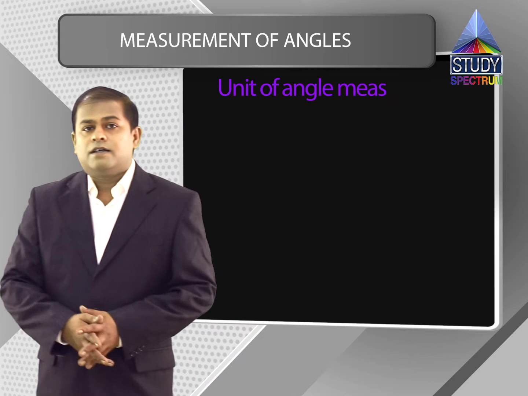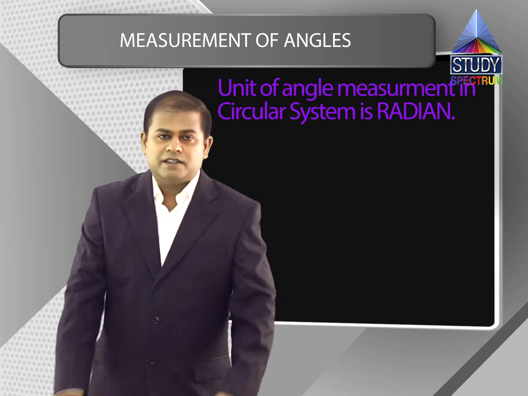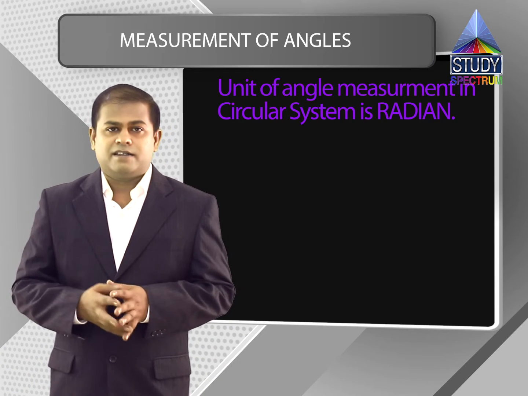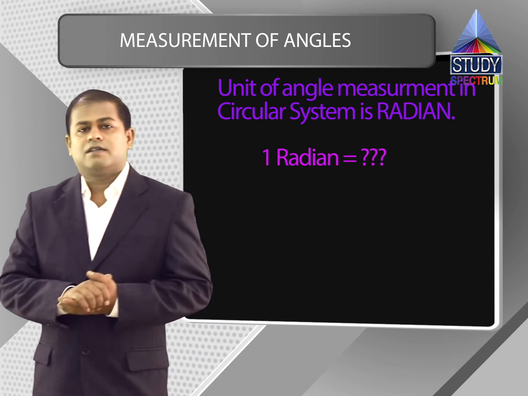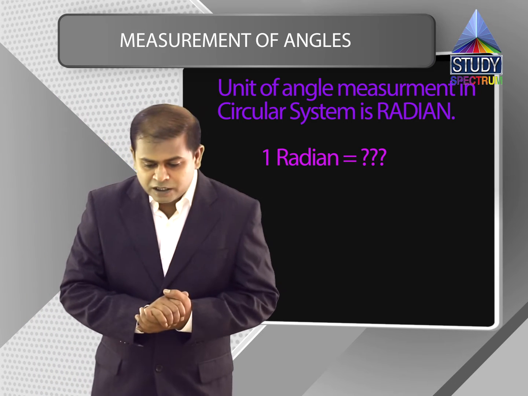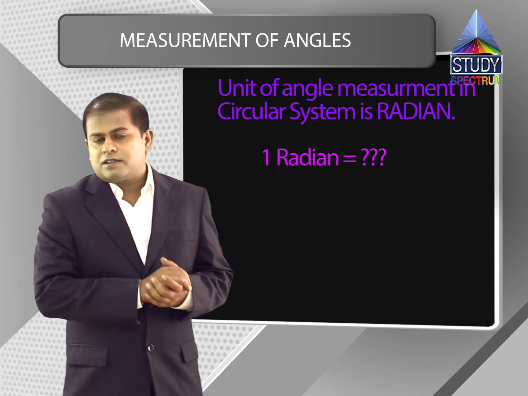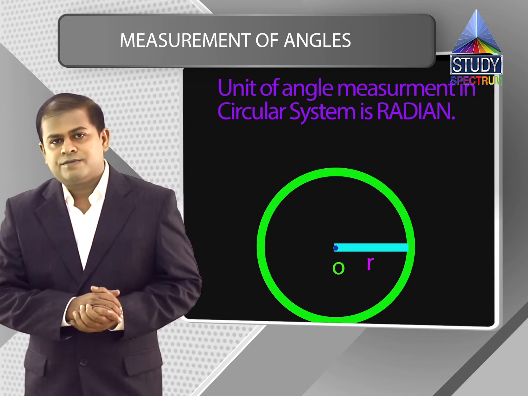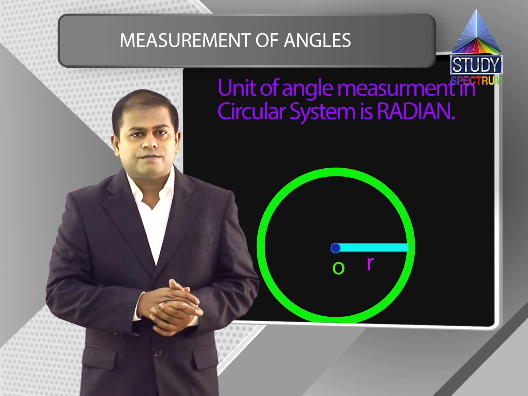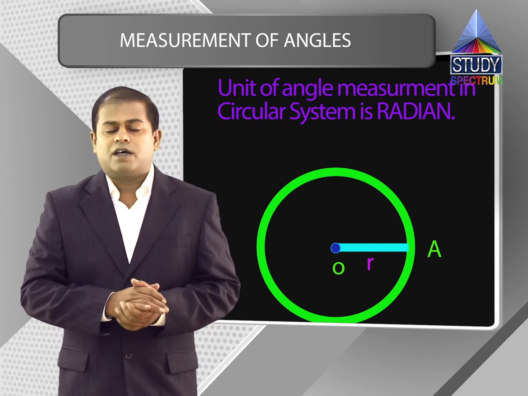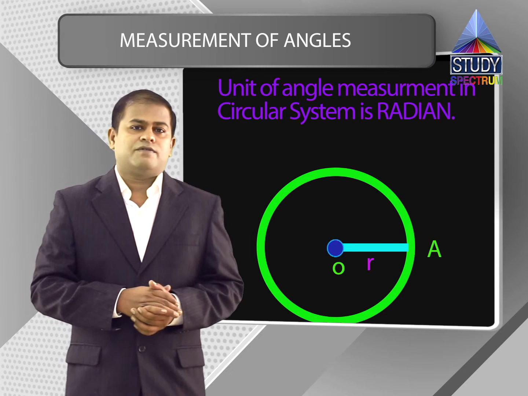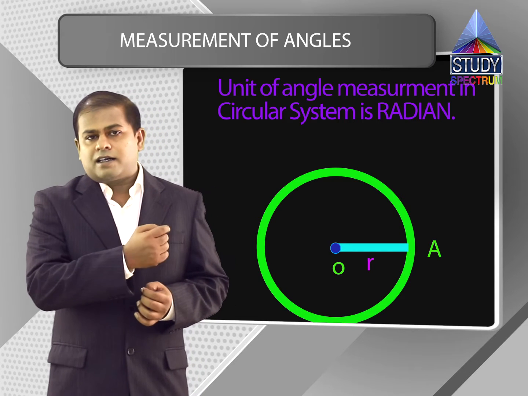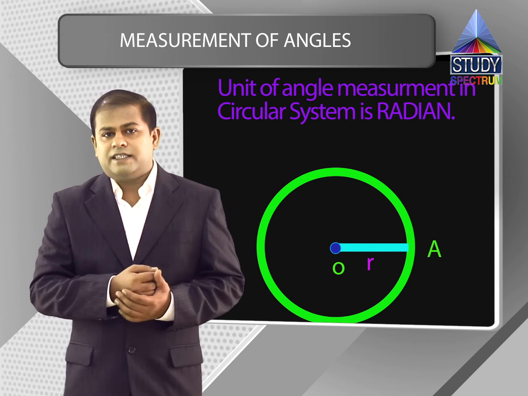So as I said, the unit for angle measurement in the circular system is radian. Let's check what angle measures 1 radian. To understand that, let us draw a circle with radius r and O as the center. Consider a ray OA with point A on the circumference of the circle. Now, mark an arc of length equal to the radius.